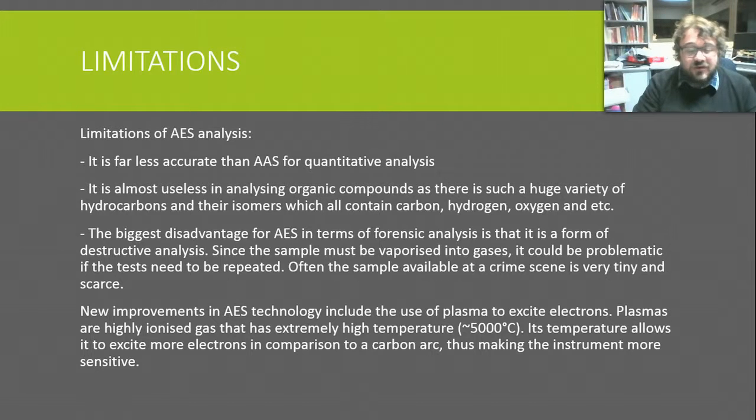So you might struggle to tell the difference between, say, uranium and plutonium, which have been used to poison people in recent years, or plutonium has. But if you have the right set, if you can heat it up to a much higher temperature, you can excite all of the electrons.